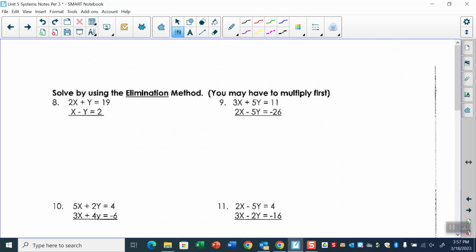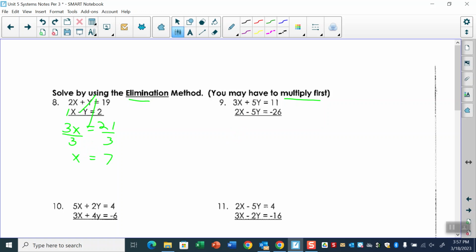All right, so now if we're using the elimination method, you're going to combine the left side and combine the right side. You might have to multiply to get your coefficients to cancel out or be eliminated. Here I don't, because I've got a plus y and a minus y, so that adds up to 0. Then 2 plus 1 is 3x equals 19 plus 2 is 21. Divide by 3, and I get x equals 7.